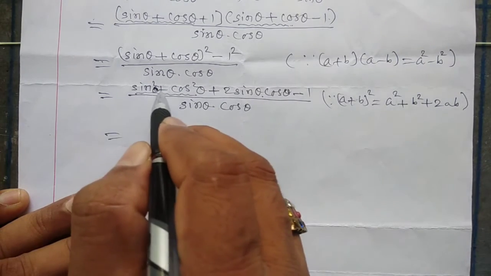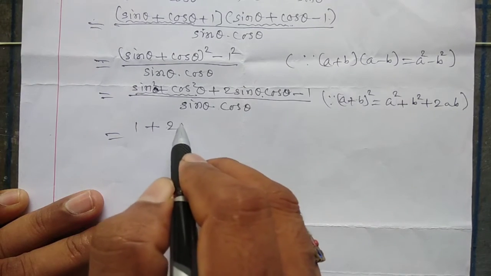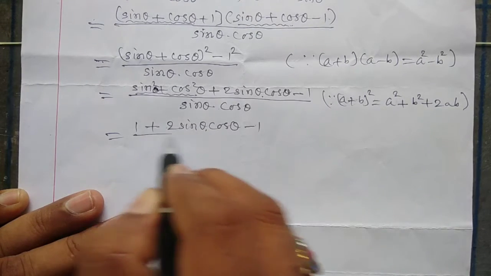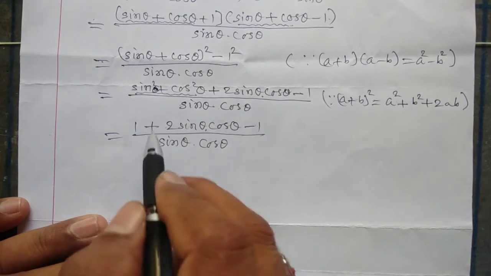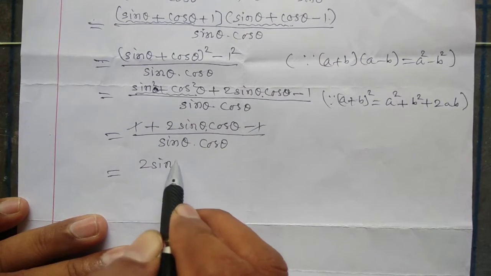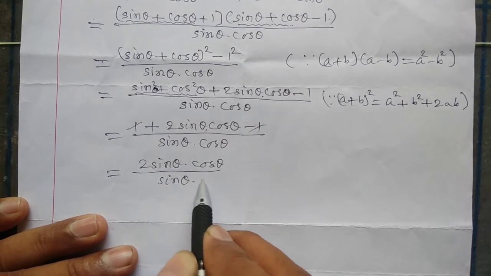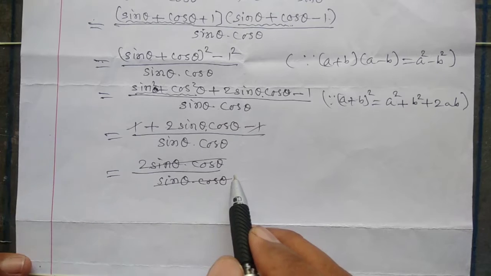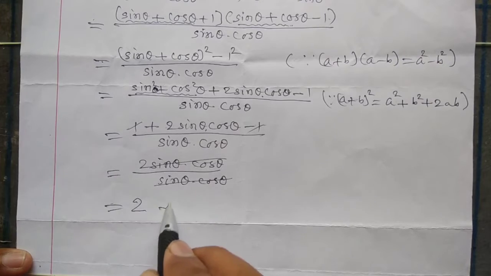Sin square theta plus cos square theta is equal to 1, plus 2 sin theta cos theta minus 1 by sin theta cos theta, plus 1 minus 1 cancel, 2 sin theta cos theta by sin theta cos theta. Sin theta cos theta, sin theta cos theta same, so we can cancel. That is equal to 2. This is the answer.